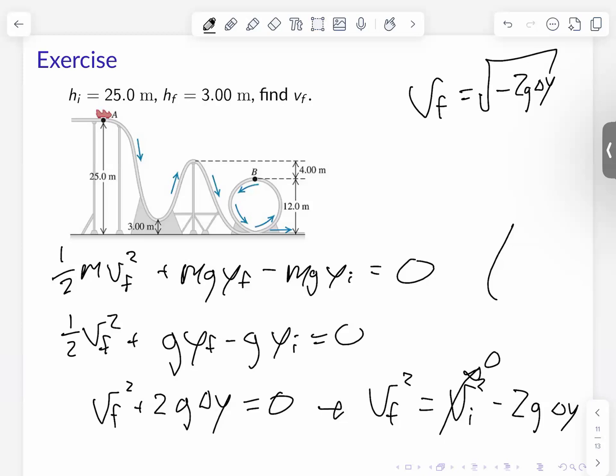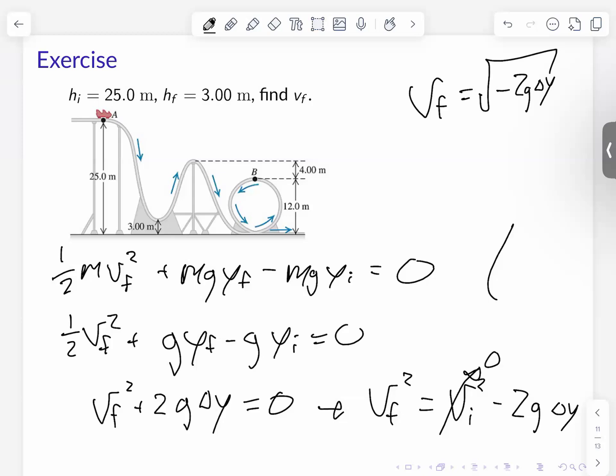We're not taking the square root of a negative. If you start at rest and try to go up, your initial velocity would have to be the square root of negative 1 meters per second to move up from rest. But we're going down. Delta y is negative. Negative and negative is positive. Square root is real. Plug and chug, you're done.